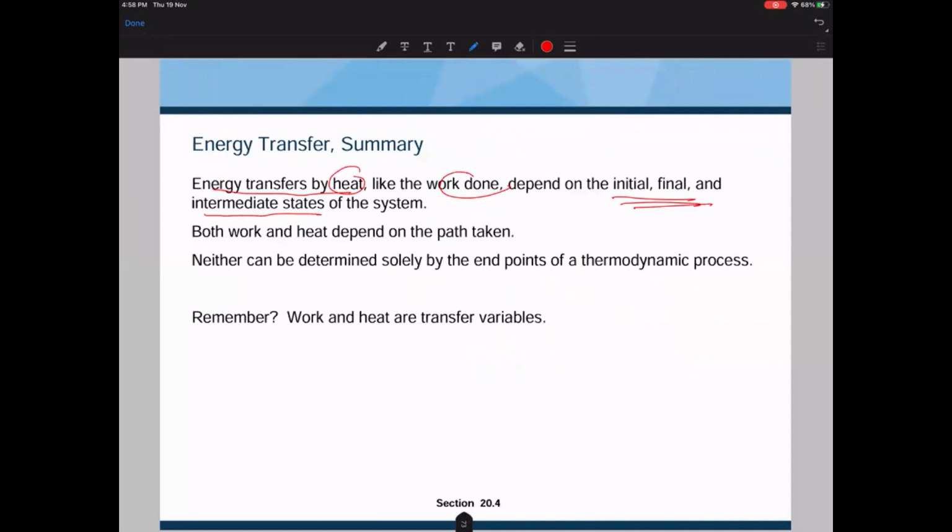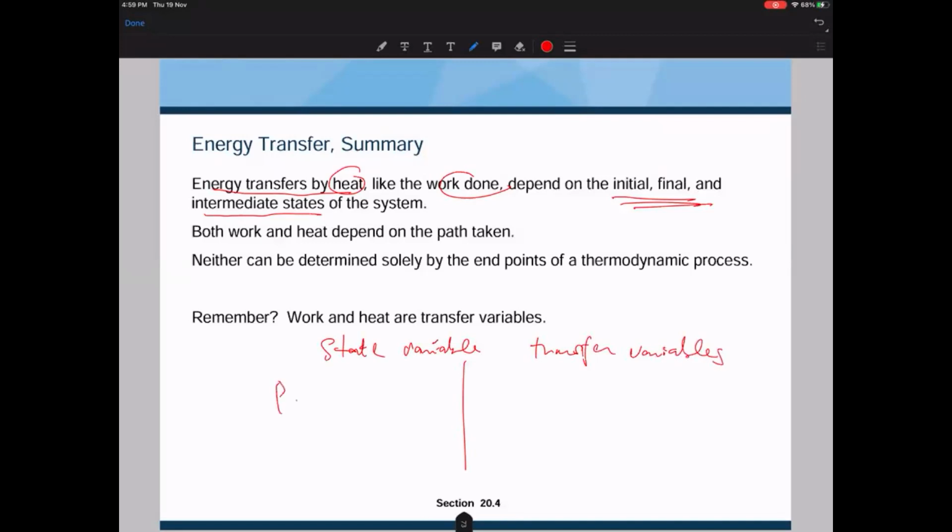You cannot simply determine the work done or heat by knowing the initial and the final state. On the other hand, pressure, volume, temperature, and internal energy could be determined solely by initial and final states. That is why we distinguish state variables from the transfer variables.